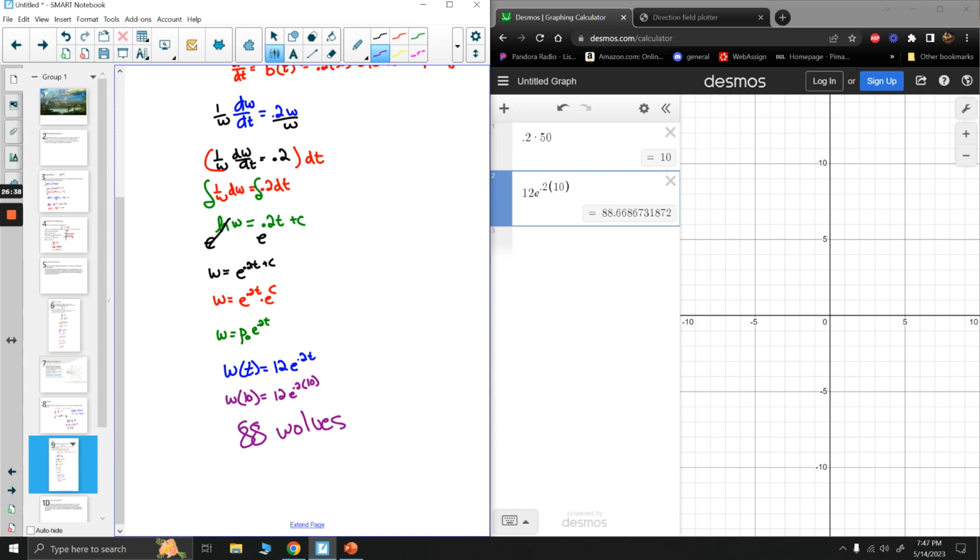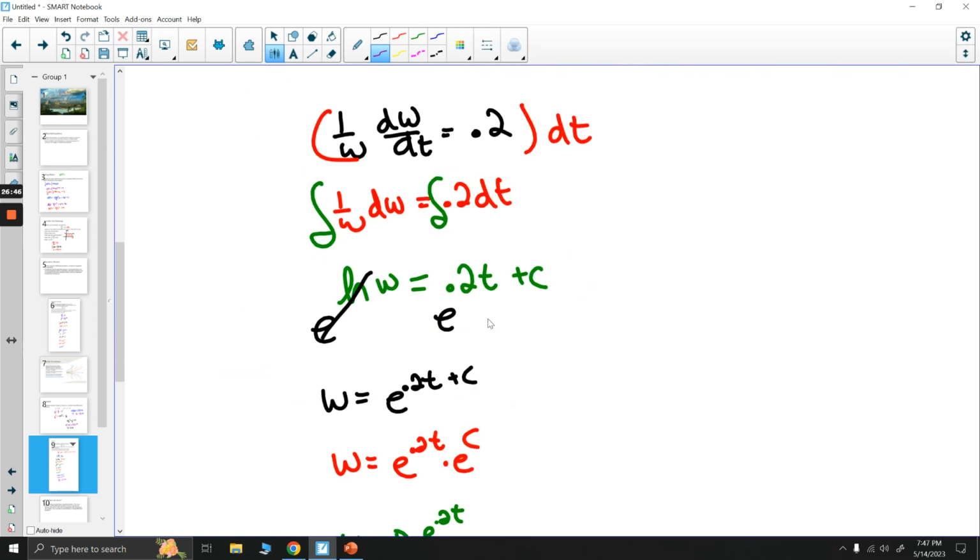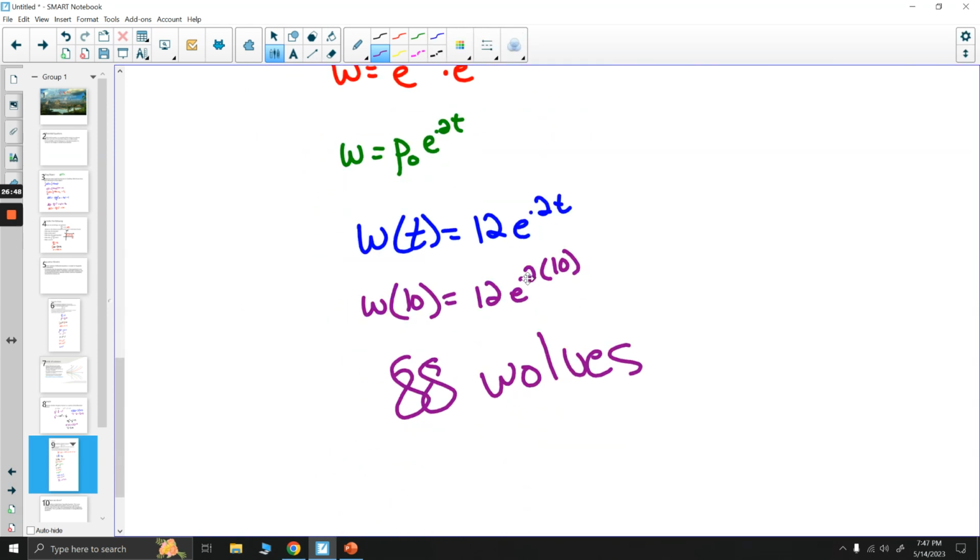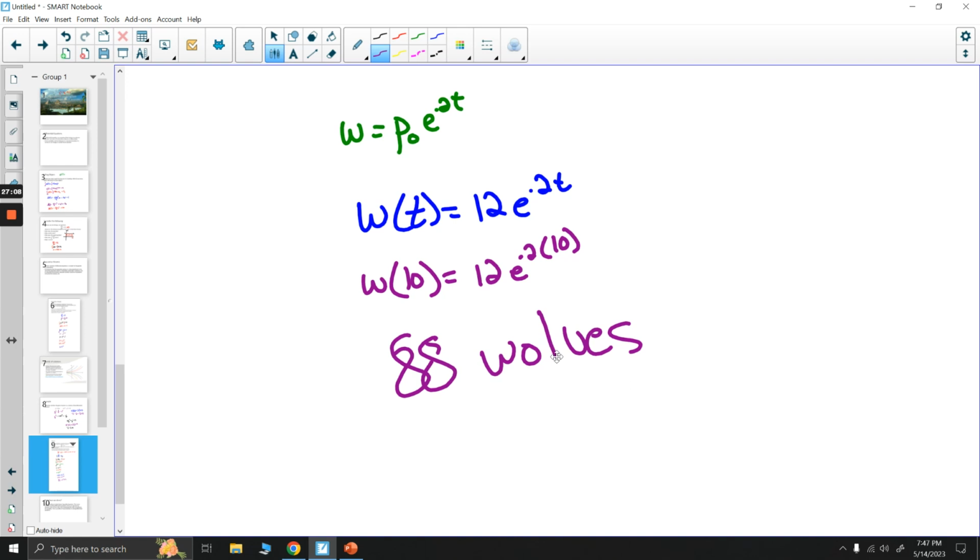Again, this is just continuous compound interest in this case. We have some exponential here. Technically speaking, if it's continuous compound interest, it's not actually increasing by exactly 20% per year. It's increasing by a bit more than 20%, because continuous compound interest grows at a higher annual percent yield than the number implies. But whatever, about 20%. So we'd have 88 wolves in 10 years.